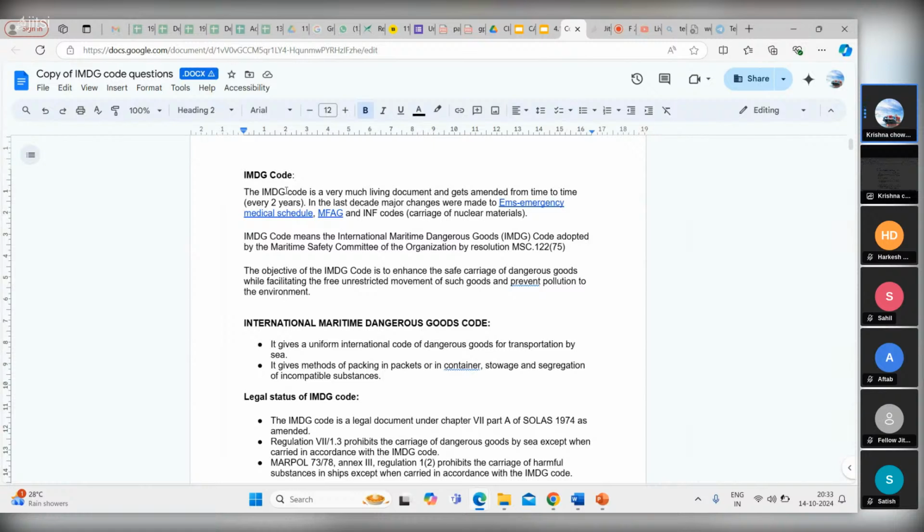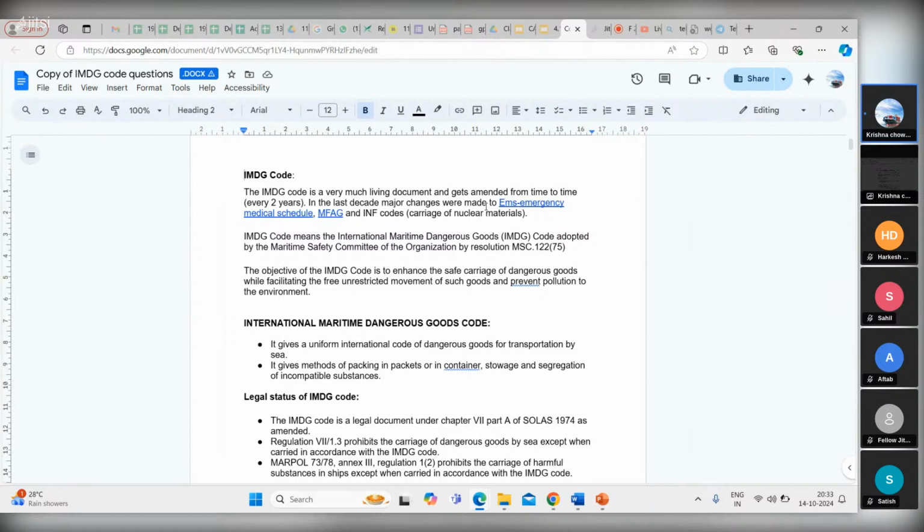So IMDG, as per SOLAS Chapter 7, carriage of dangerous goods, and also MARPOL Annex 3. The IMDG code is a very living document, gets amended from time to time. In the last decade, major changes were made to the emergency schedule and MFAG, the medical first aid guide, and the INF code. So these questions are asked in most of the orals.